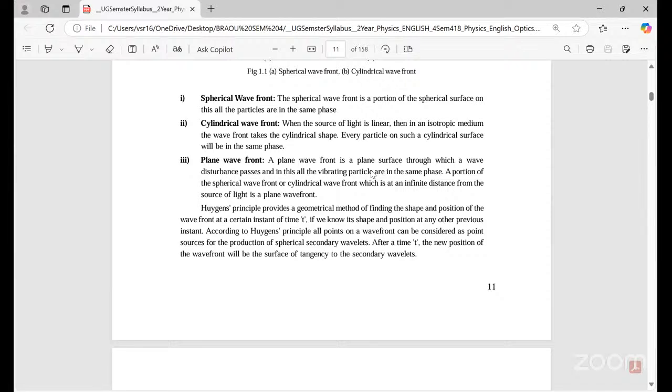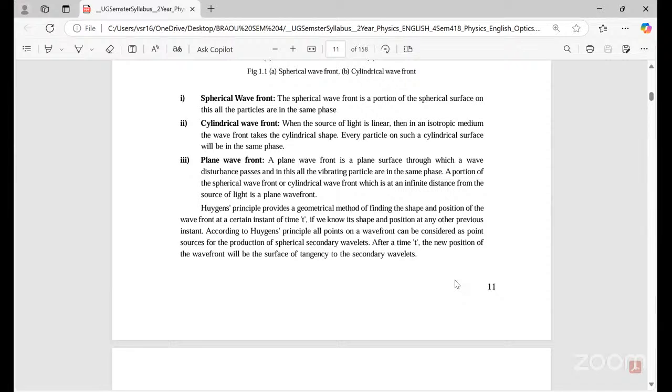Here, the vibrating particles in the same phase form a portion of the spherical or cylindrical wavefront which is at infinite distance from the source, whereas previously it was at a known distance, whether spherical or cylindrical.